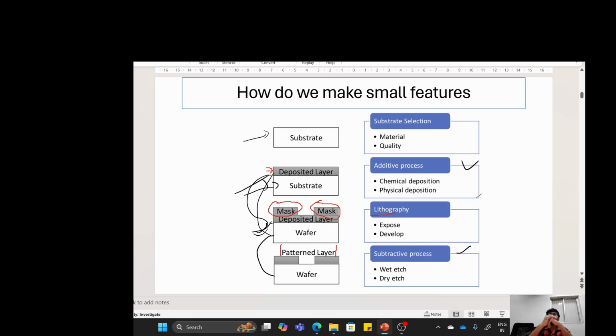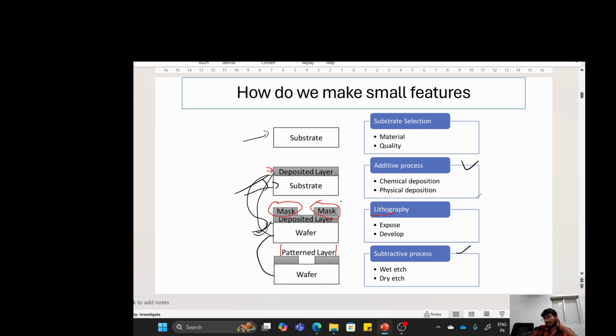And also the material that you are depositing should withstand the subsequent processes. Like if you are making OLEDs, let us say, most of us are going towards the solution process, because in silicon technology very highly sophisticated instruments are used, like diffusion, ion implantation, oxidation.